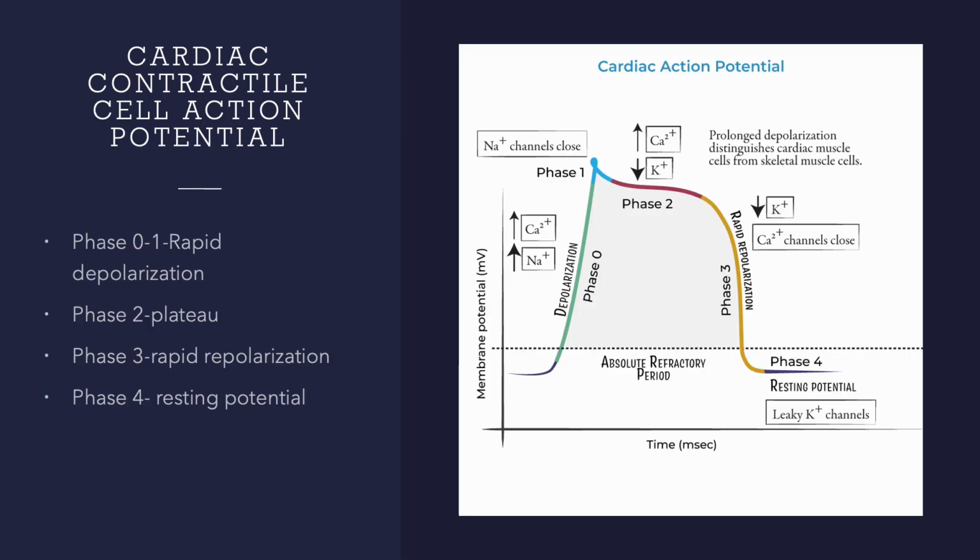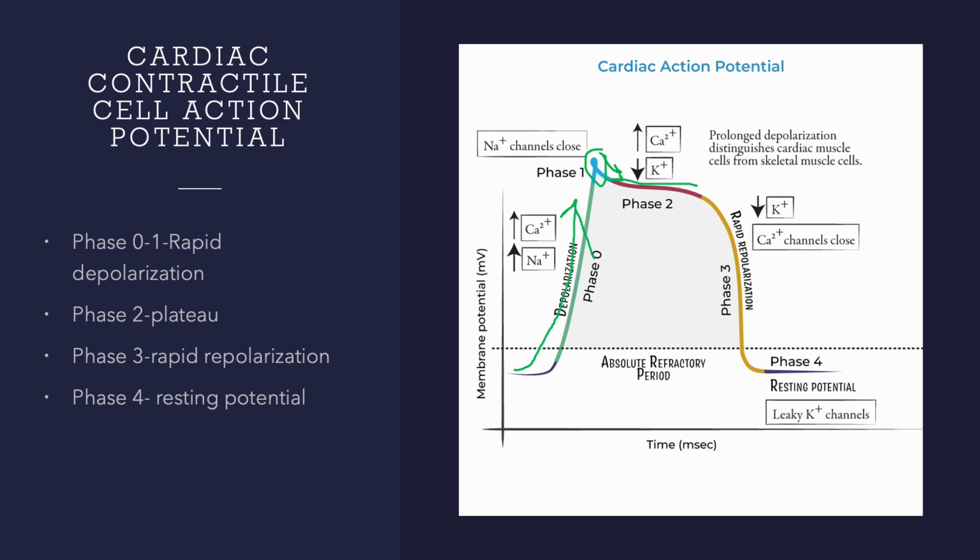So this nifty little image shows the different phases of this action potential in a cardiomyocyte. You see on the left here, there is at first this rapid depolarization due to the influx of calcium and sodium ions. And then once peak is reached, right about here, there's a brief repolarization where it drops down just a little bit and then tapers off. This is phase 2 and is referred to as a plateau.